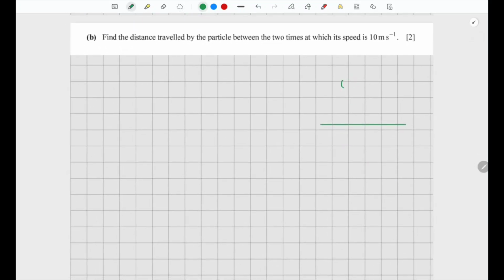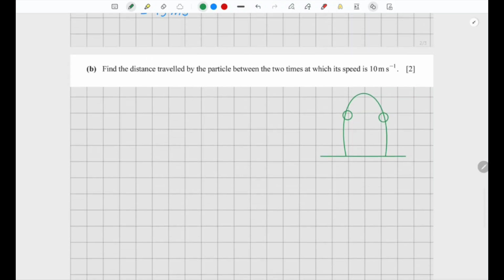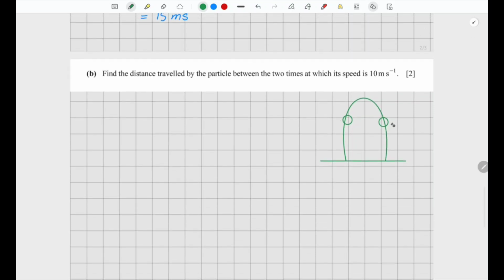The particle is at 10 meter per second when the body is moving up and when the body is moving down. So once the velocity could be 10 when it is moving up, and then the velocity will be 10 when it is coming down.